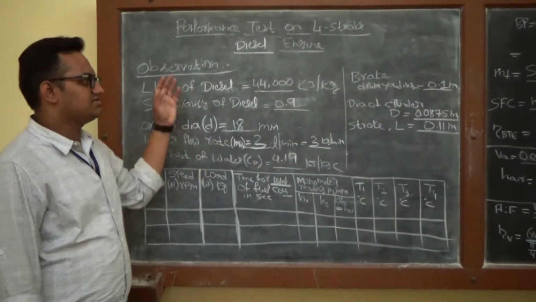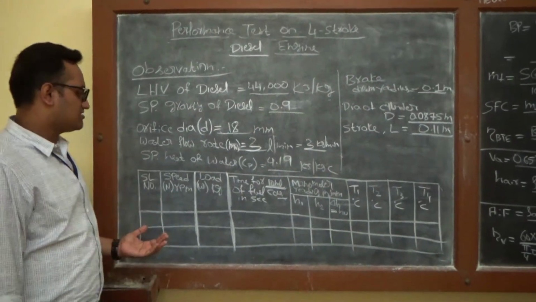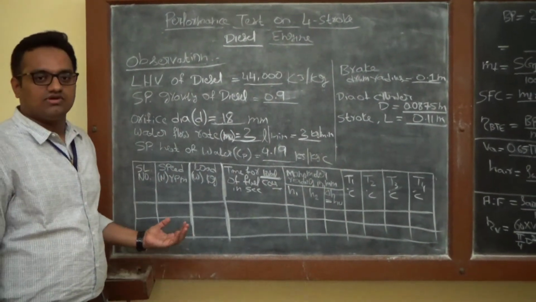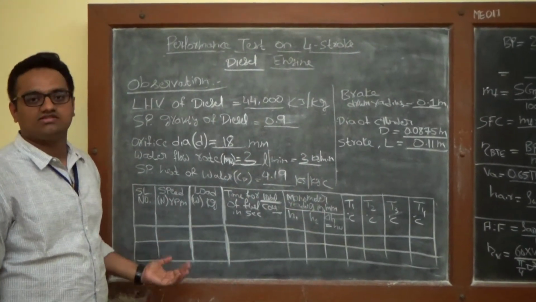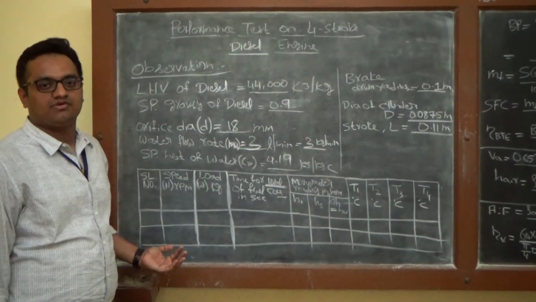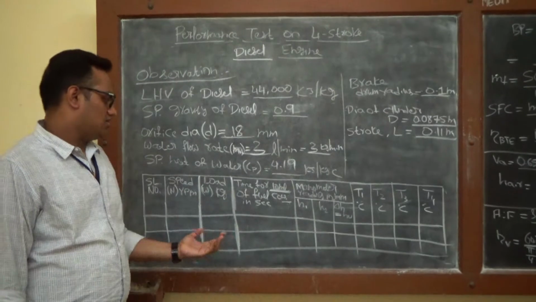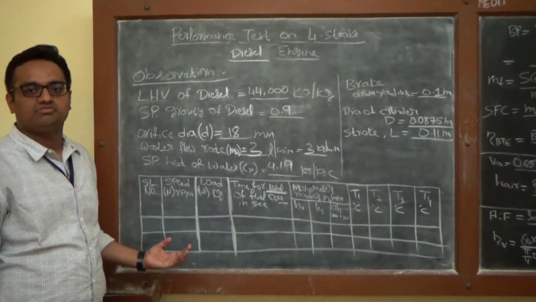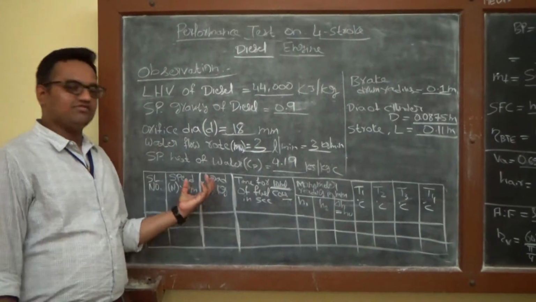Once the observations are noted, we have the tabular column which consists of speed. Even though we are conducting the experiment at constant speed, 1500 RPM will be kept constant in spite of varying the loads. And we have the load.